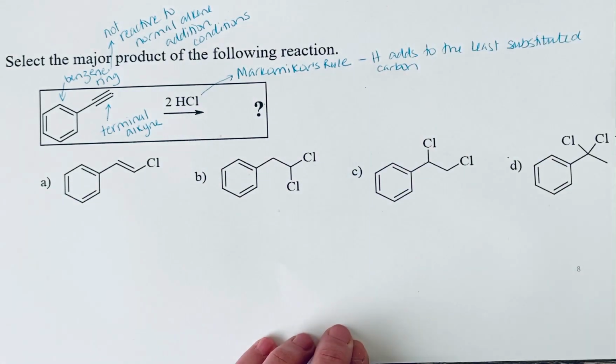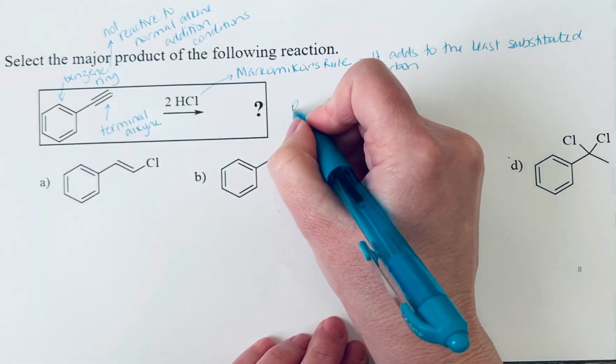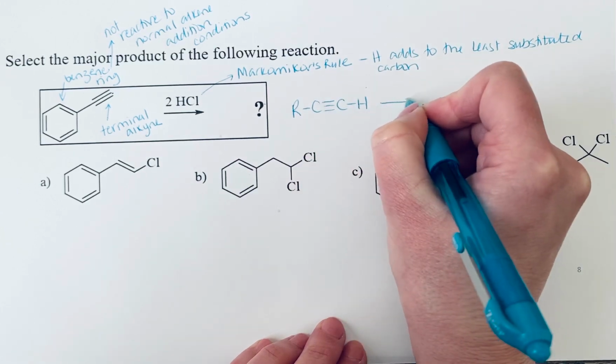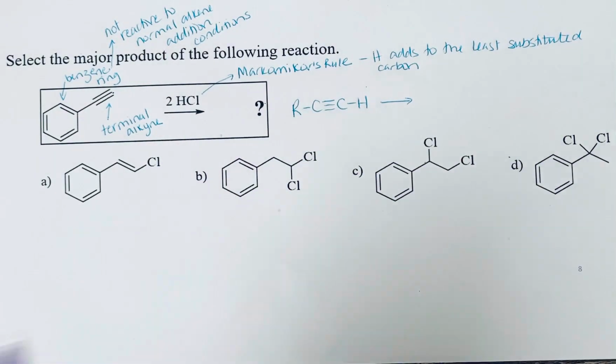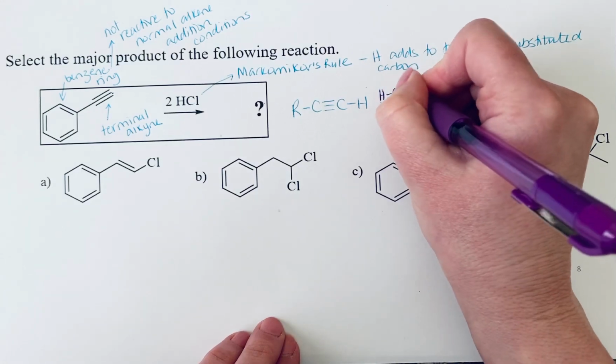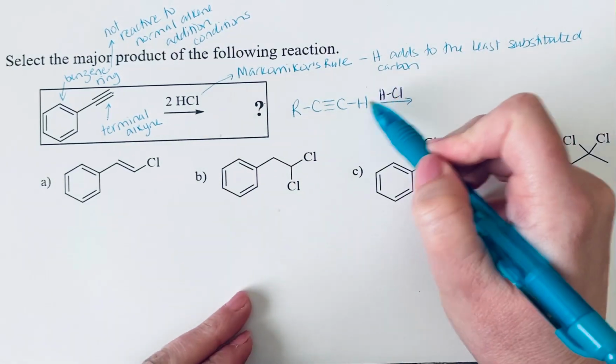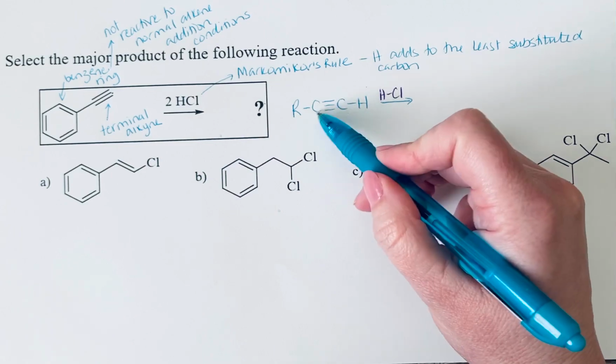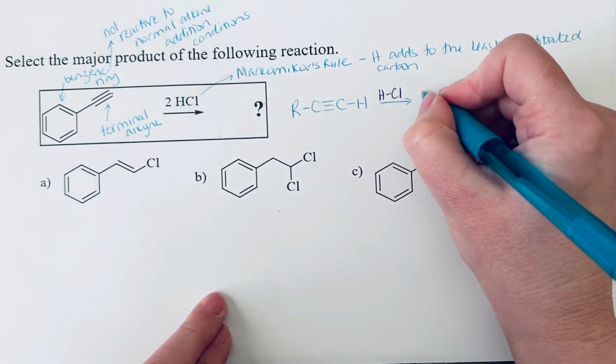So for the alkyne starting material, I will draw a generic terminal alkyne. That means that when we add HCl, this hydrogen will add to the carbon at the end because it is less substituted than the internal carbon atom.